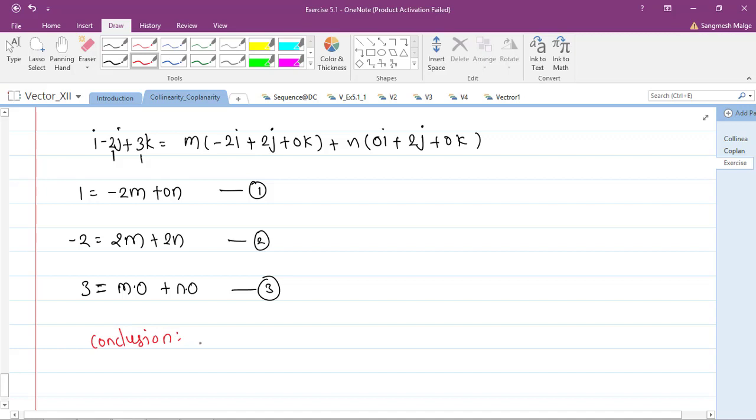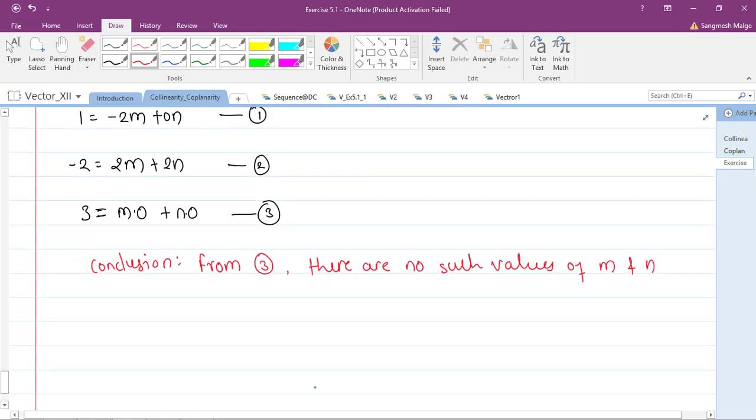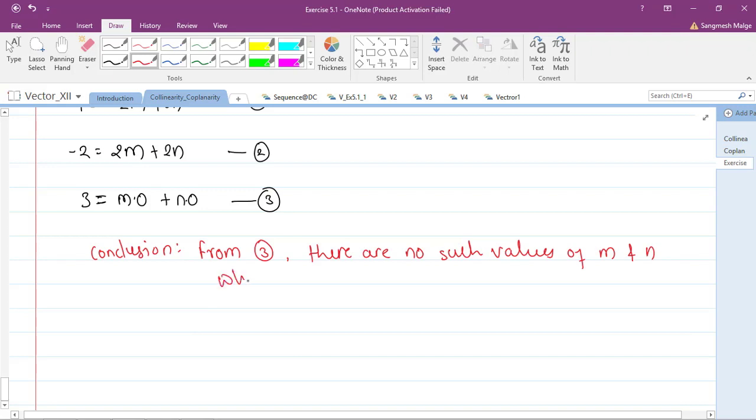From equation 3, whatever the value of, or you can say there are no such values of m and n which can satisfy equation number 3.